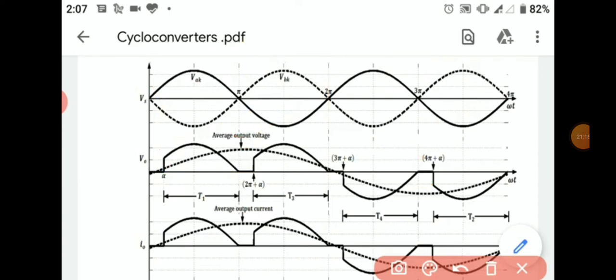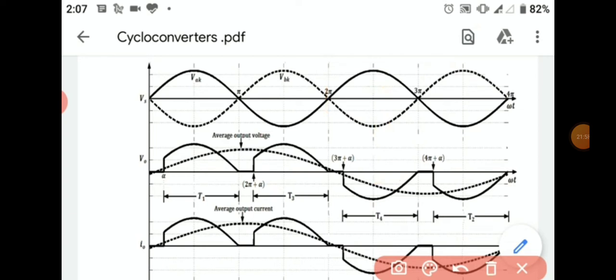Now how is it to be done? In the first input cycle, the negative pulse of the first input cycle is just to be converted into a positive pulse, and the positive pulse from the second cycle is just to be converted into a negative pulse. So by doing this process, we reduce the number of cycles.